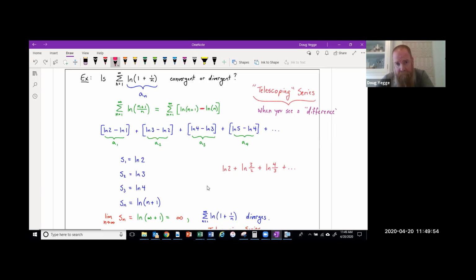As you keep adding more and more terms, certain terms cancel, and then these terms cancel, and then these terms cancel. And so what ends up happening is that you compact it down to the first term and whatever happens at the last term as well. Okay, that's one type of series. But that one doesn't show up too often.